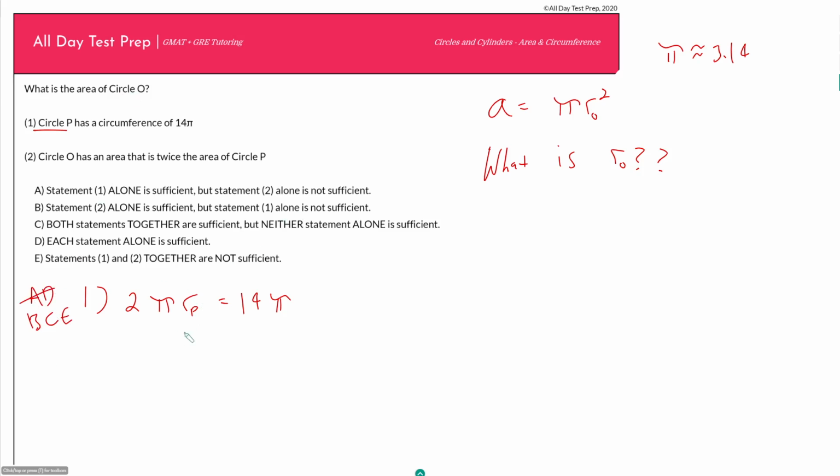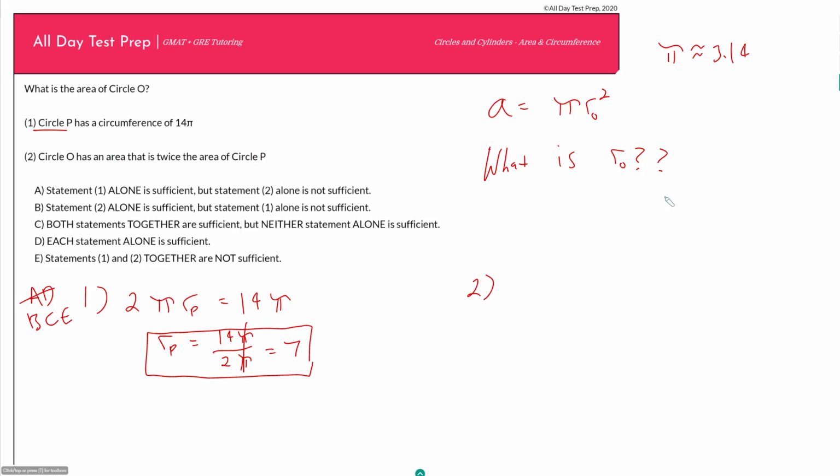I can, if I want, find the radius of circle P, and it might come in handy later. That would be 14 pi over 2 pi, which is just 14 over 2, or 7. Still insufficient though. Statement 2 says, circle O has an area that is twice the area of circle P. So remember, with data sufficiency, when we look at the second statement, you have to pretend that you have temporary amnesia, and forget about this information here.